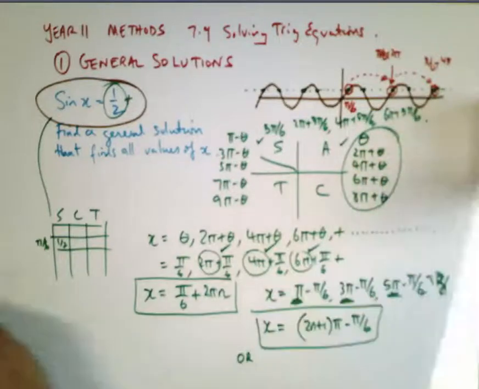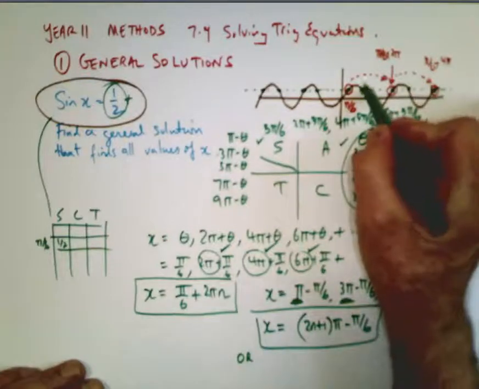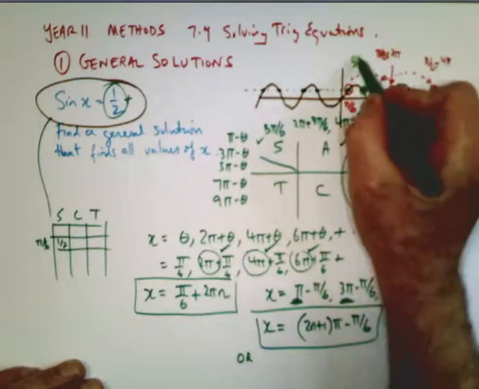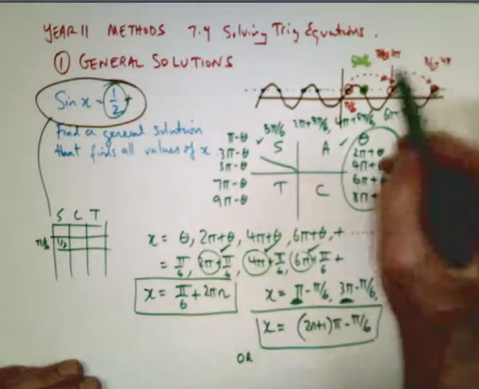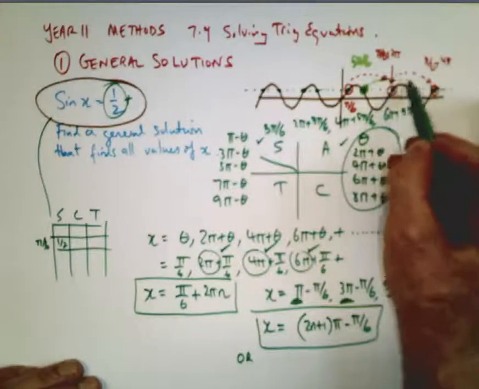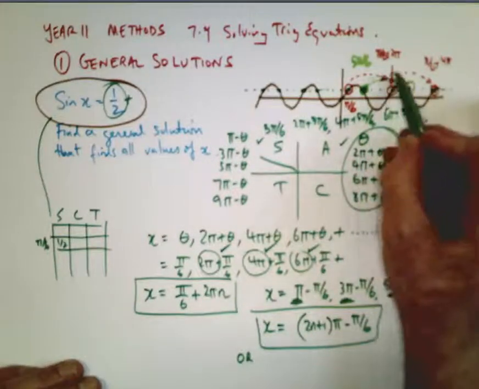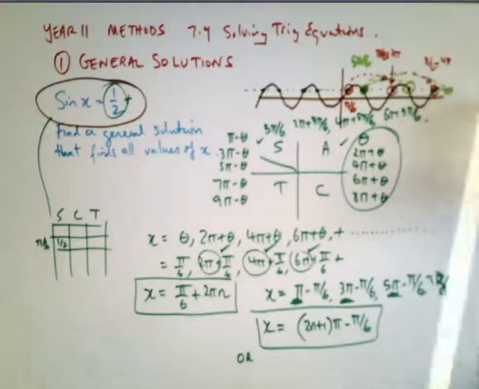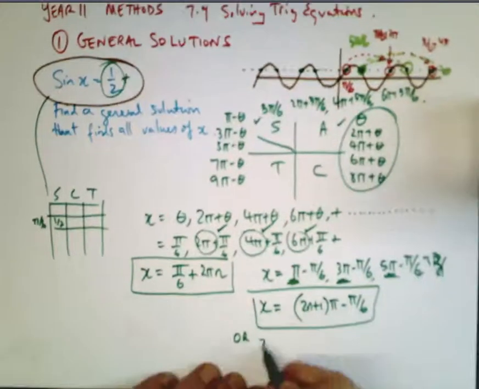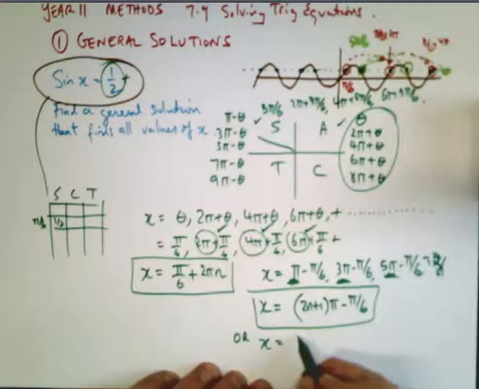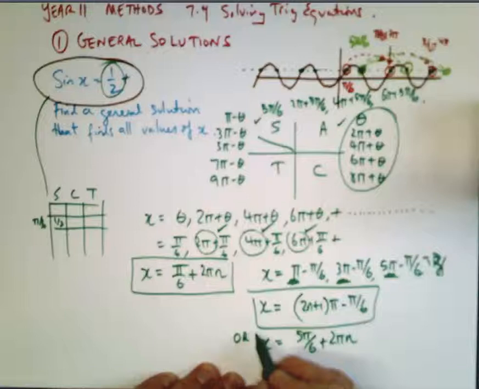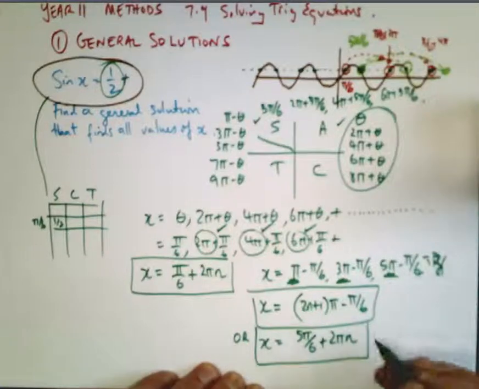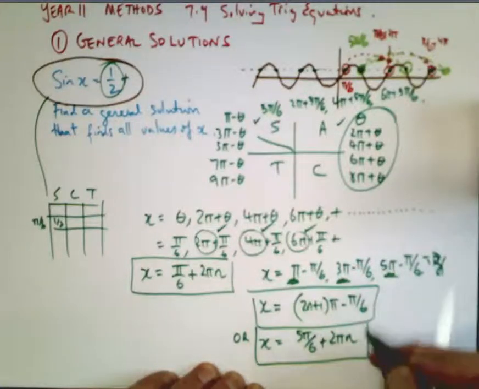So in other words, I'm finding my first value, which is 5 pi on 6, then I'm adding 2 pi to it to find the next one. I'm adding 4 pi to it to find the next one. So I could write that general rule as x equals 5 pi on 6 plus 2 pi n. Both of these general rules give identically the same x values.